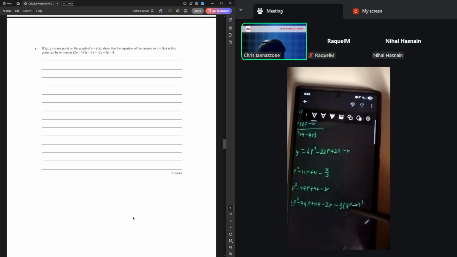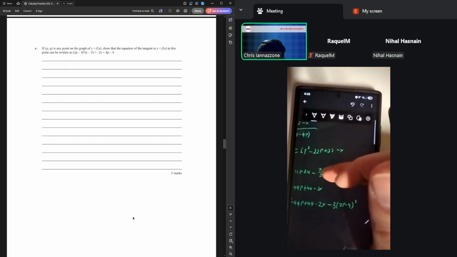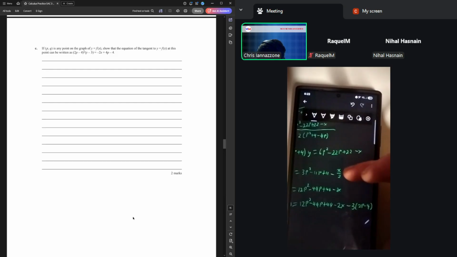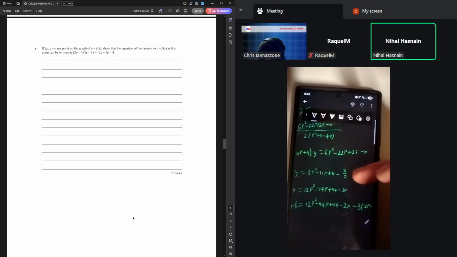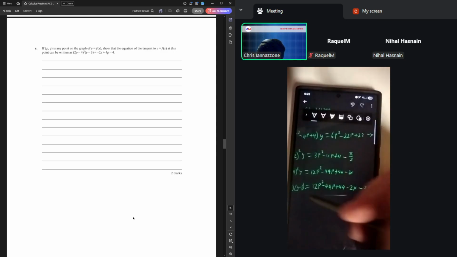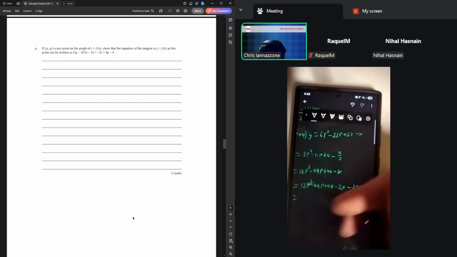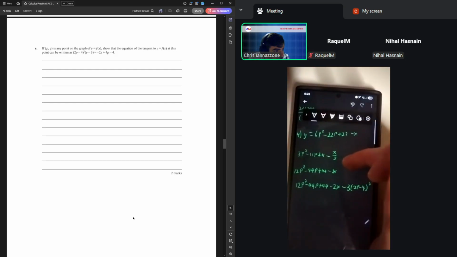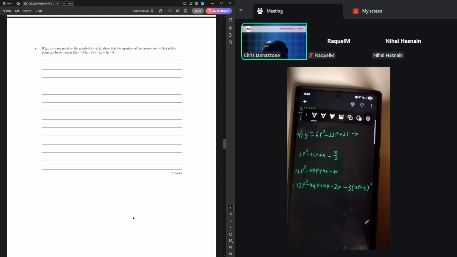And because this is a big negative, with any luck, that's going to cancel out a lot of these things. Let's find out. So we got a 12p squared here. I guess the first thing we'll see is, does this expand out and cancel down?